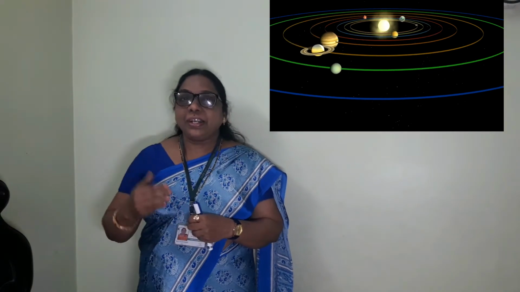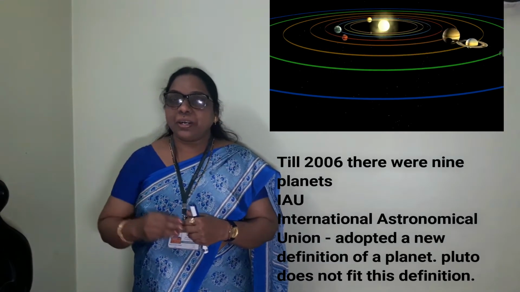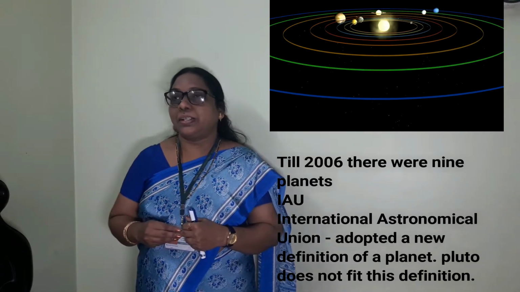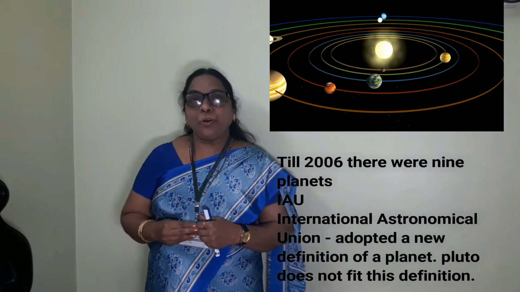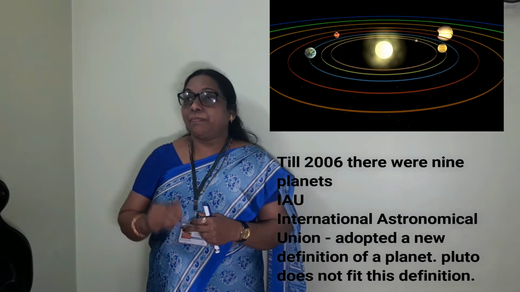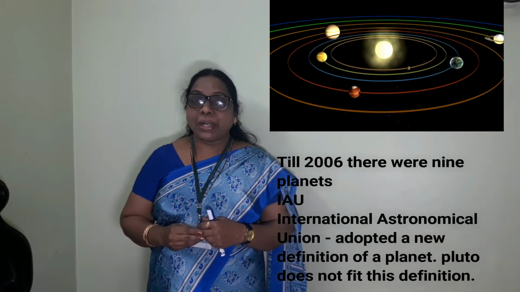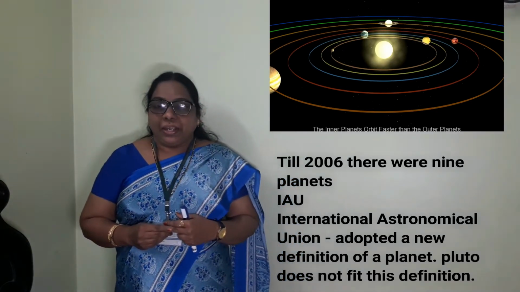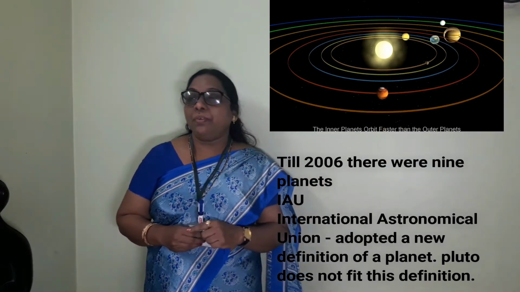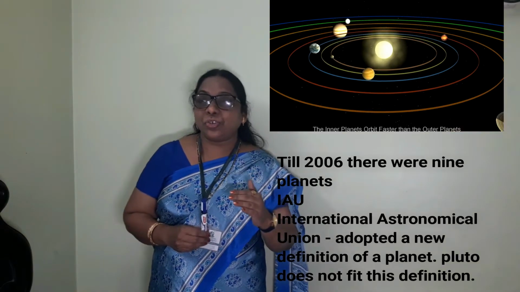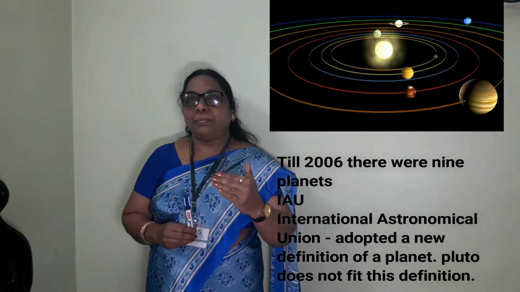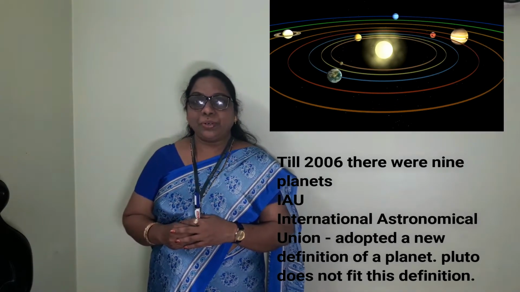Until 2006, we knew that there were 9 planets in the solar system. Pluto was the farthest planet from the sun. But in 2006, the IAU, the International Astronomical Union, adopted a new definition for a planet.